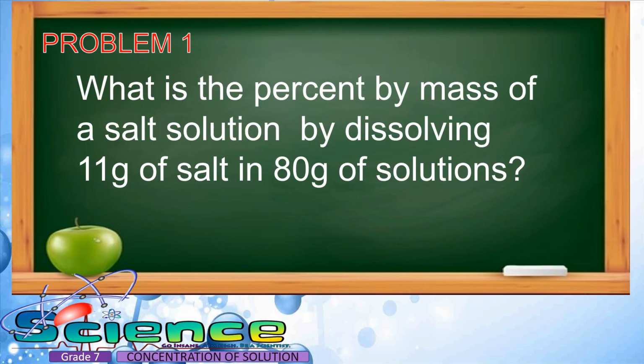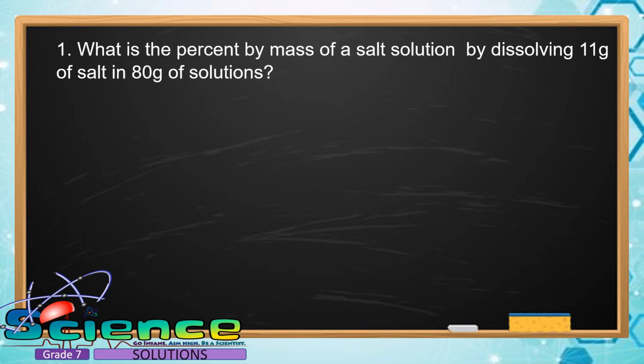Problem number 1. What is the percent by mass of a salt solution made by dissolving 11 grams of salt in 80 grams of solution? Before we try to solve the problem, let us first identify what is given, what is being asked or required, and what formula we are going to use.